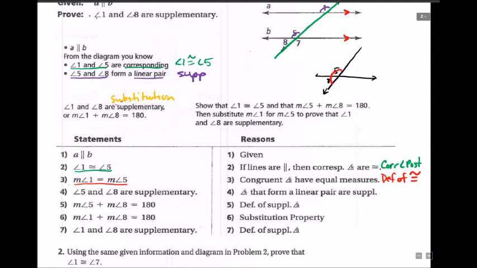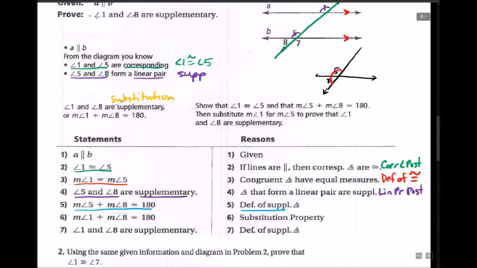And then we also know that 5 and 8 are supplementary because of our linear pair postulate. Angles that form a linear pair are supplementary. And so what can we say about that? Well, we can say that their measures sum to 180. That's just simply definition of supplementary. And then what are we going to do?